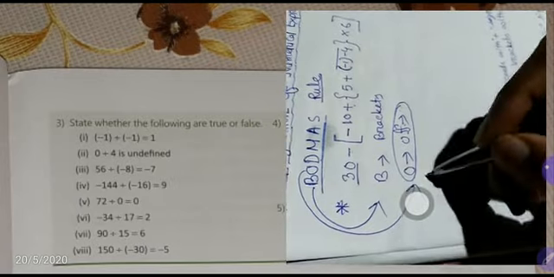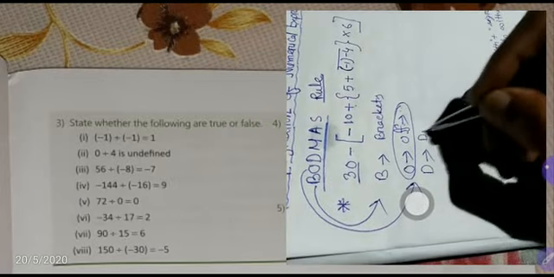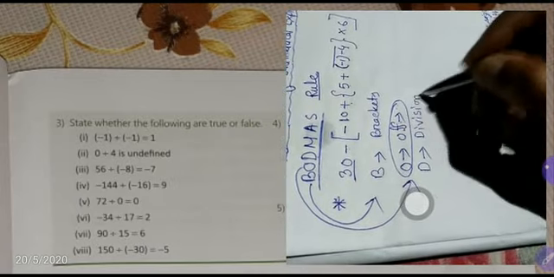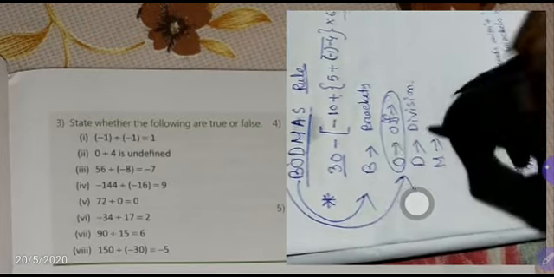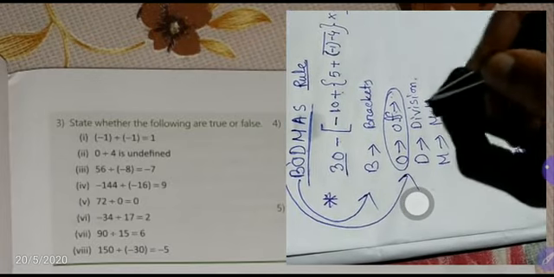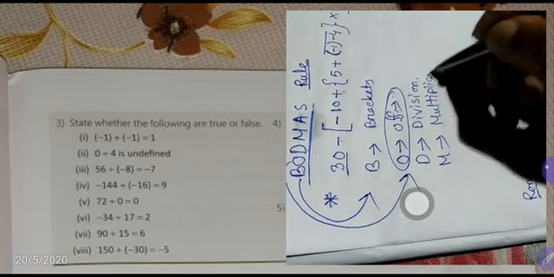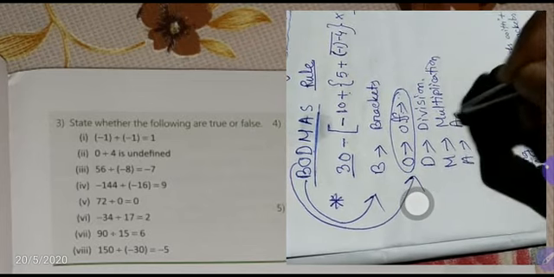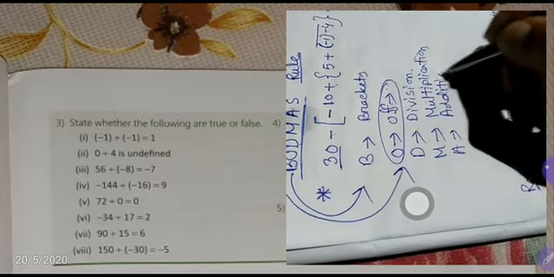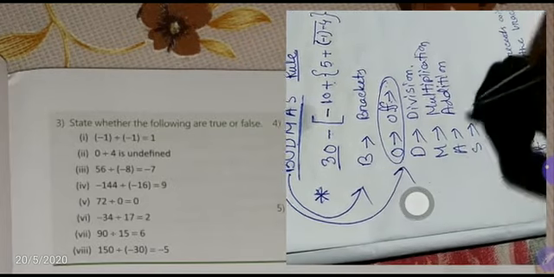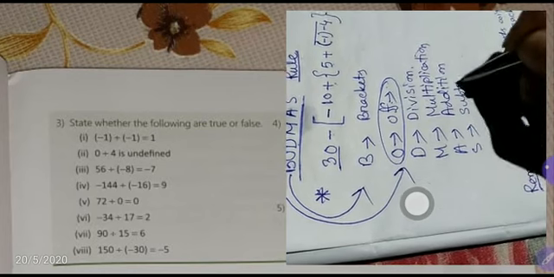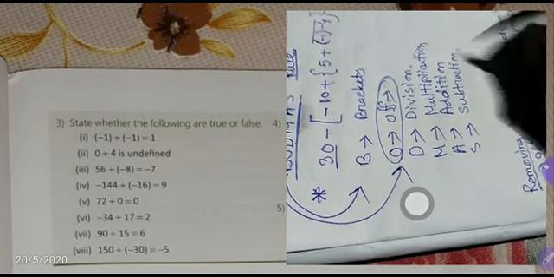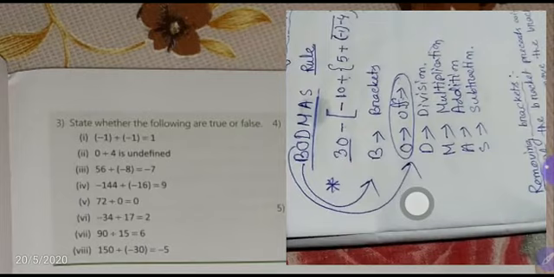After that, D comes from division. After that, M is multiplication, A means addition, and S stands for subtraction.